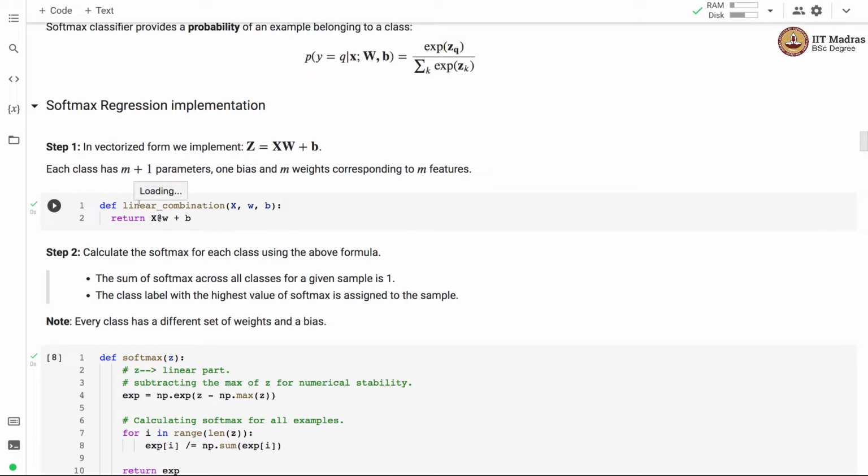So we have a linear combination function that takes the feature matrix as an input, along with the weights w and b, calculates x times w plus b, and returns the linear combination. In the second step, we calculate softmax for each class using the formula given here. And the class label with the highest value of softmax is assigned to that sample.